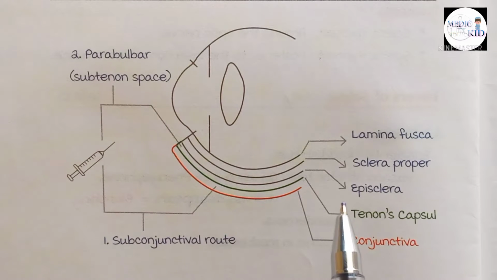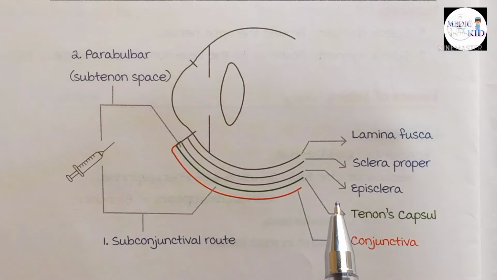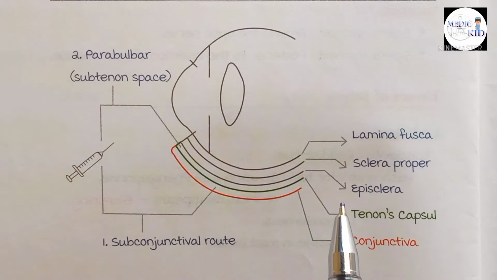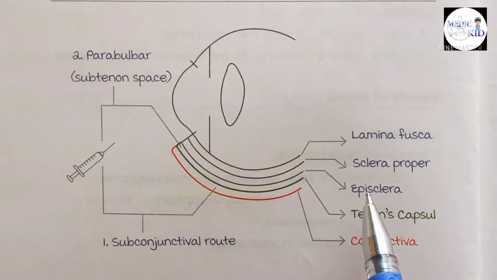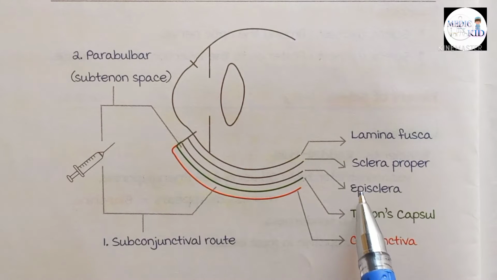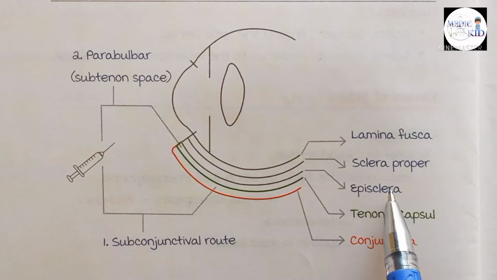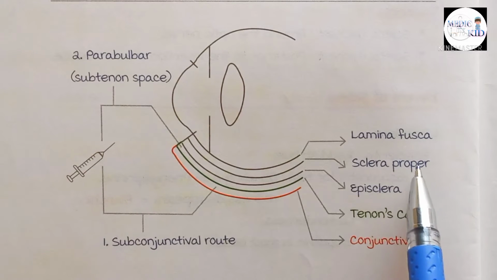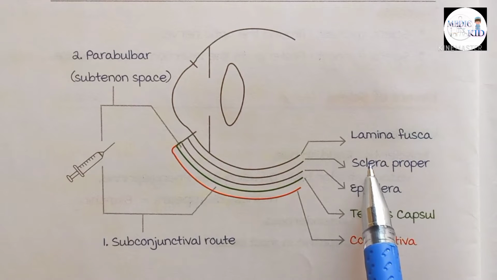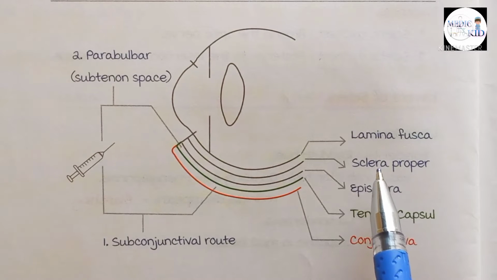Inflammation is basically a kind of swelling, and when there is inflammation there is going to be redness. Inflammation of the episclera is called episcleritis, and there is redness present. Inflammation of the sclera proper is called scleritis, and there is also redness present.